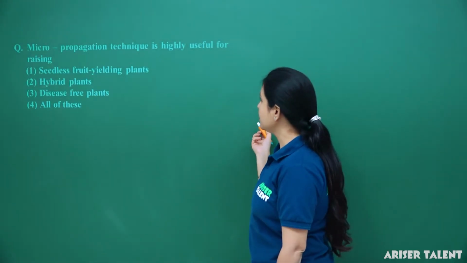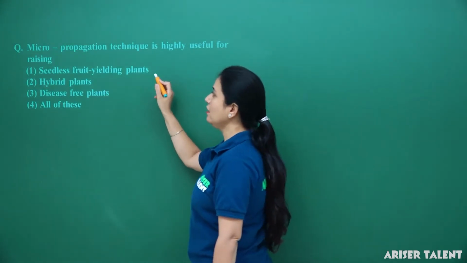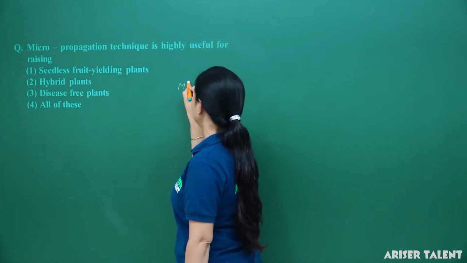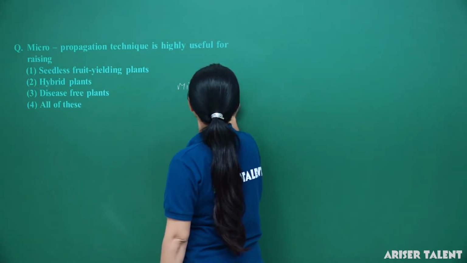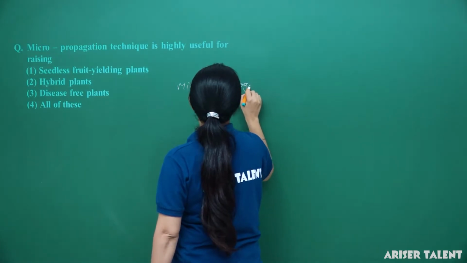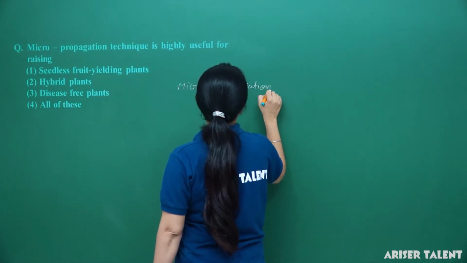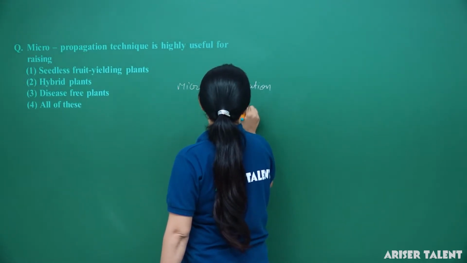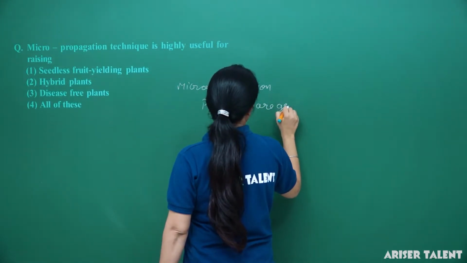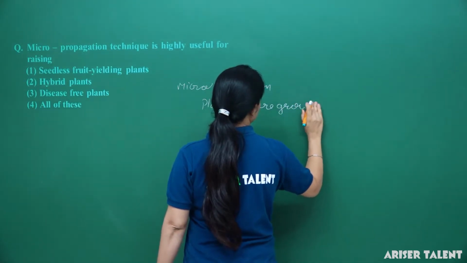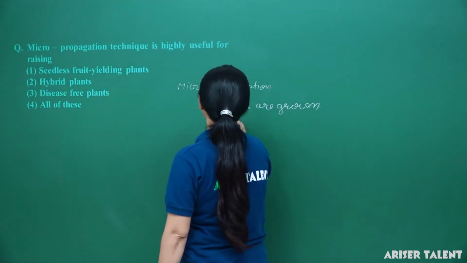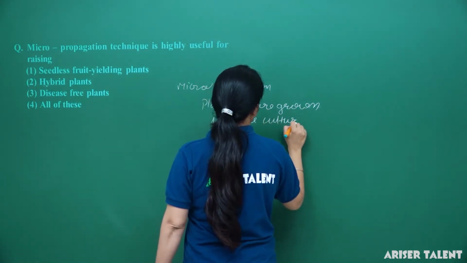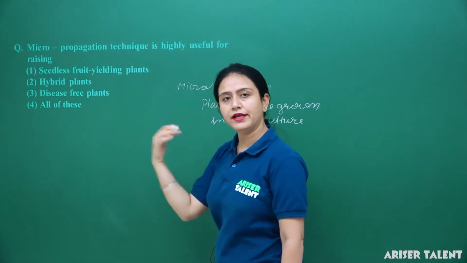Micropropagation technique is highly useful in raising. What is micropropagation? Generally, in micropropagation, plantlets are grown in tissue culture, and then they are planted out.